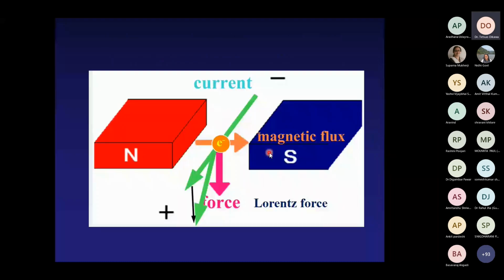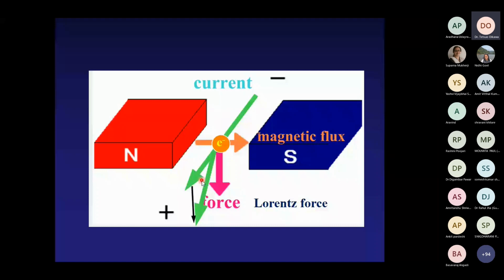Electrons can be focused by an electromagnetic lens. As the electron runs in a magnetic field, due to the Lorentz force, according to Fleming's left-hand rule, the electron trajectory is bent like this.